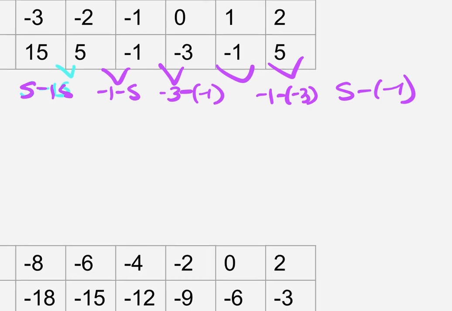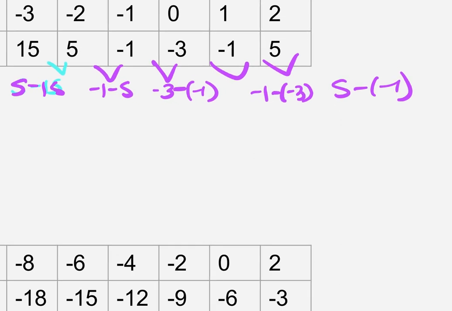So 5 minus 15 is -10, -1 minus 5 is -6. So already I know this is not linear. Then -3 minus a -1 is -2, -1 plus 3 is +2, and 5 plus 1 is 6. So I've ruled out linear because if they were the same, then it would be linear.